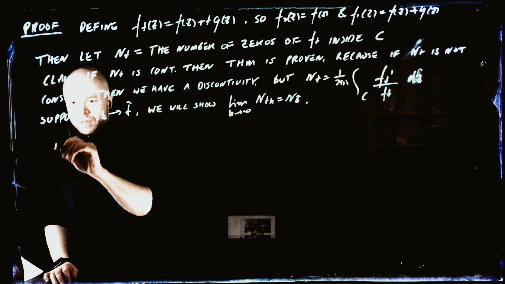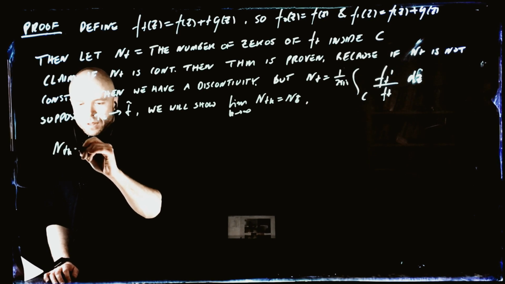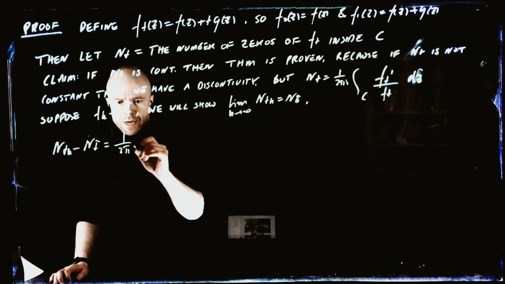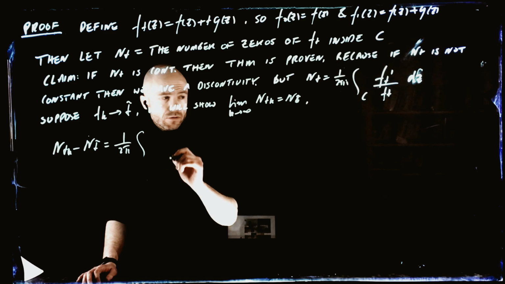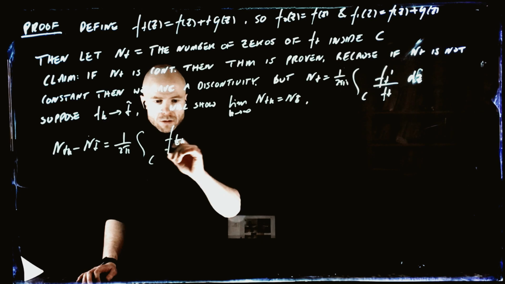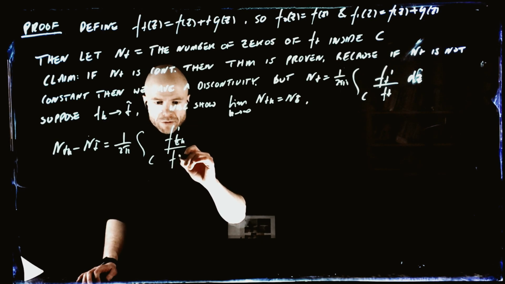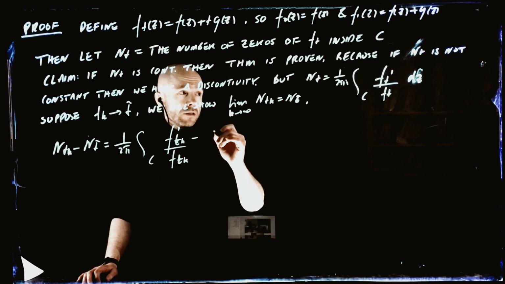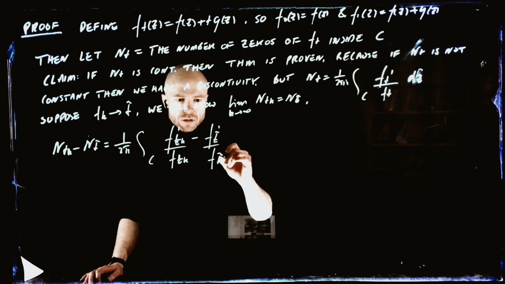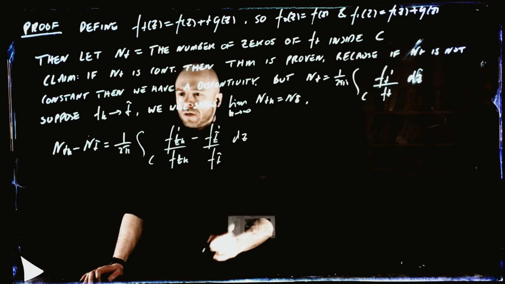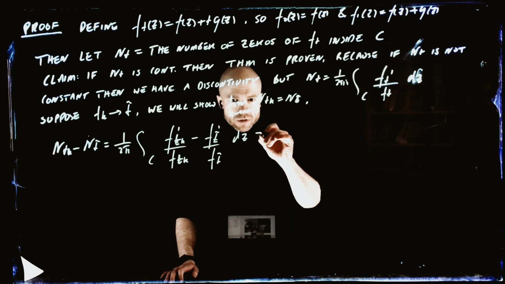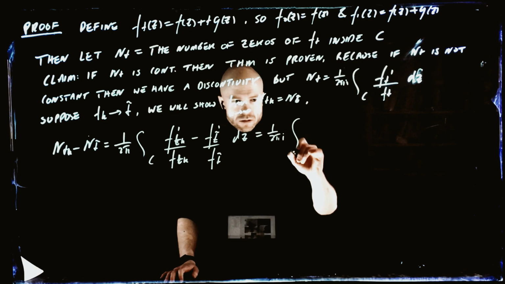So n(t_k) minus n(t tilde), what is it? It is 1 over 2 pi i, the integral over C of f_{t_k} prime over f_{t_k} minus f_{t tilde} prime over f_{t tilde}, right? Like this, yeah?